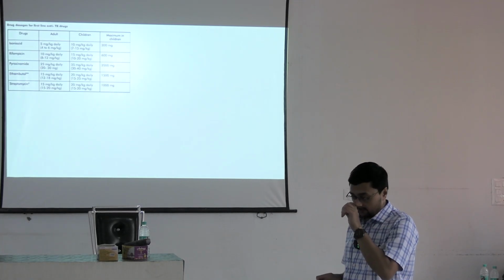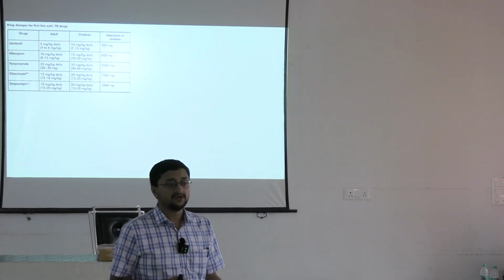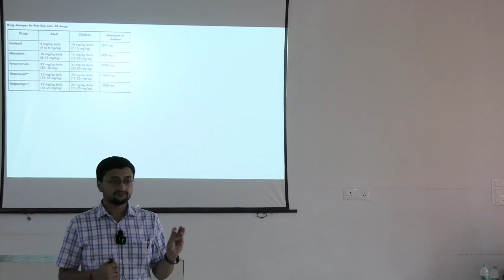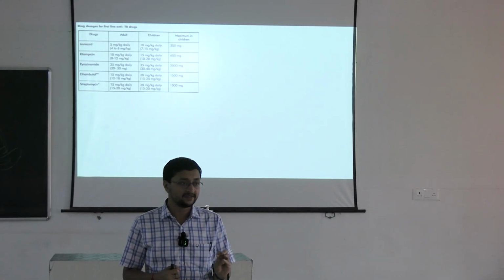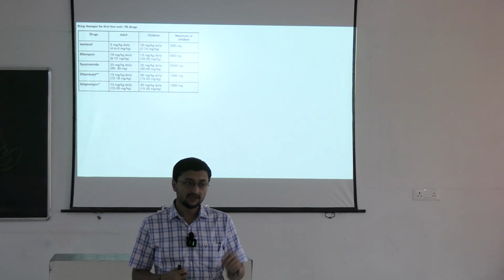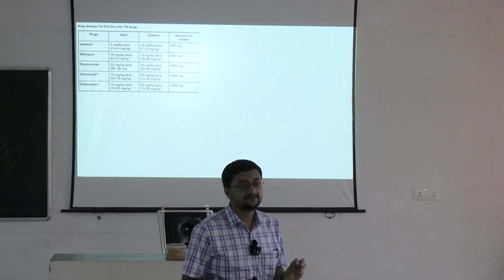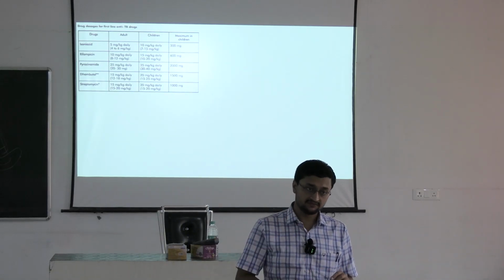So this is the drug dose regimen of ATD. So HRZE, remember it like this: 5, 10, 25, 15 mg per kg. This is the weight based drug regimen. Okay, 5, 10, 25 and 15, HRZE.